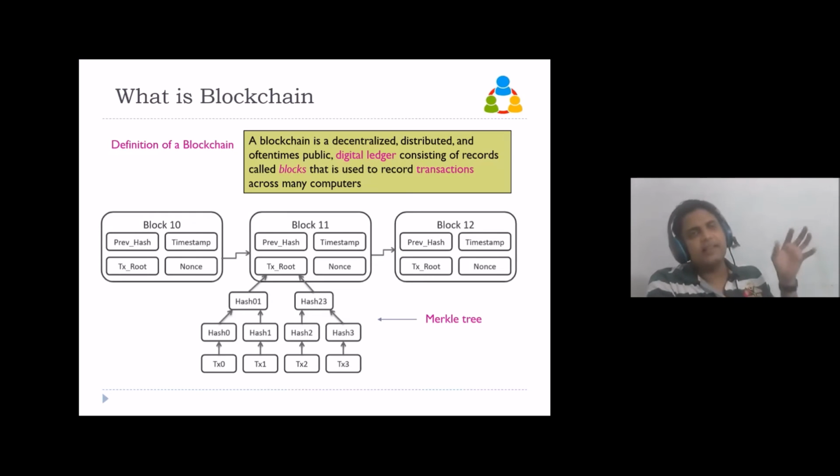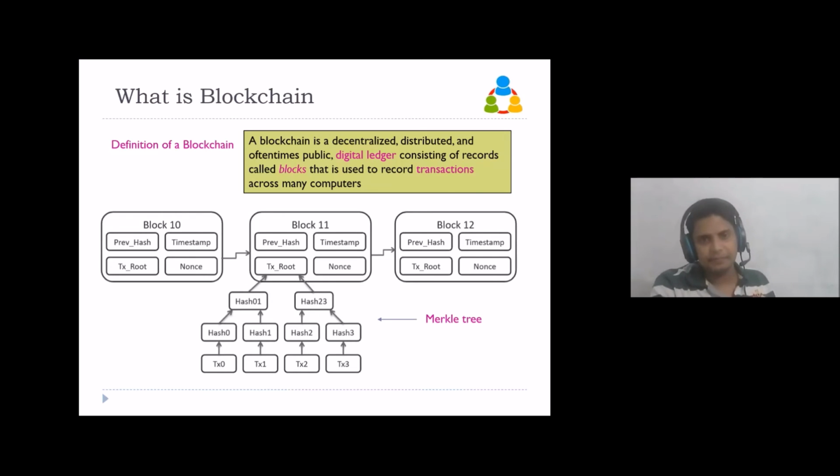That is why we say that blockchain transactions are immutable: once written, it is replicated to all the computers, and every computer will validate its data against the data residing in all the other computers.